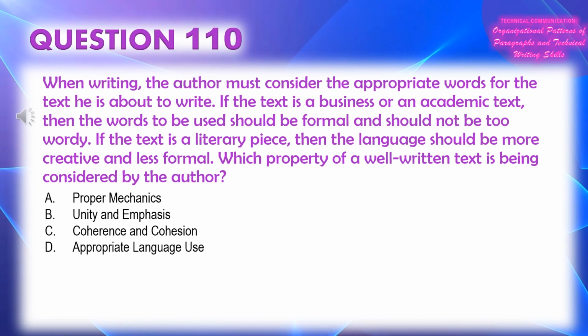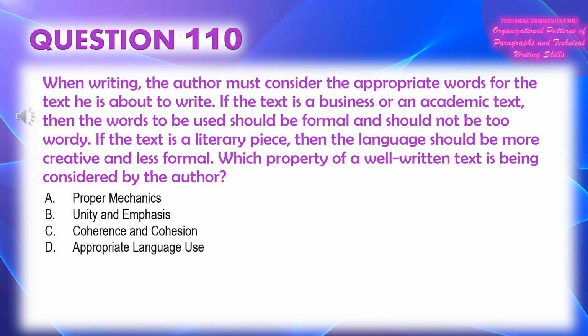Question 110. When writing, the author must consider the appropriate words for the text he is about to write. If the text is a business or an academic text, then the words to be used should be formal and should not be too wordy. If the text is a literary piece, then the language should be more creative and less formal. Which of the property of a well-written text is being considered by the author?